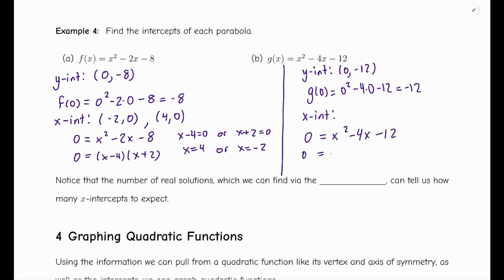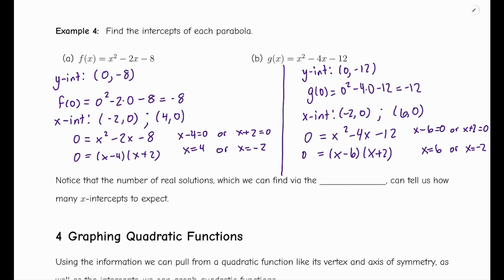This is factorable again: (x minus 6)(x plus 2). So x minus 6 equals 0, or x plus 2 equals 0, which implies x equals 6, or x equals -2. So we get (-2, 0) for one x-intercept, and (6, 0) for the second x-intercept.